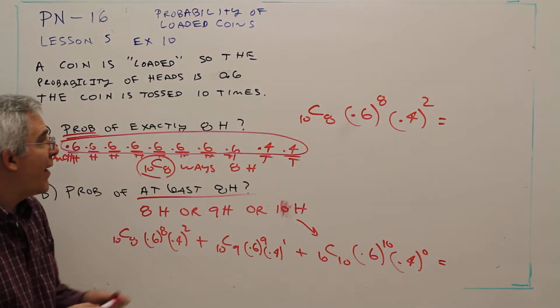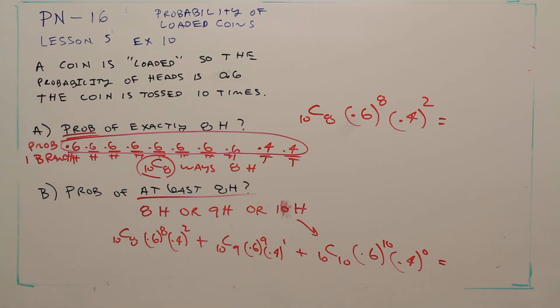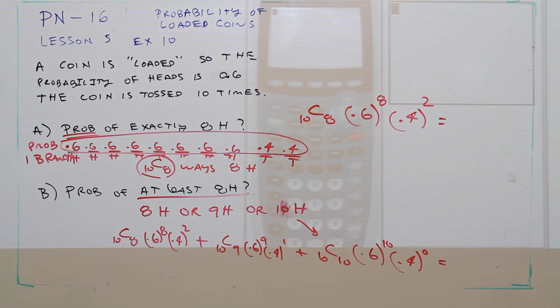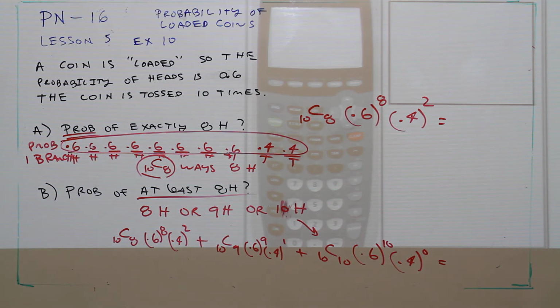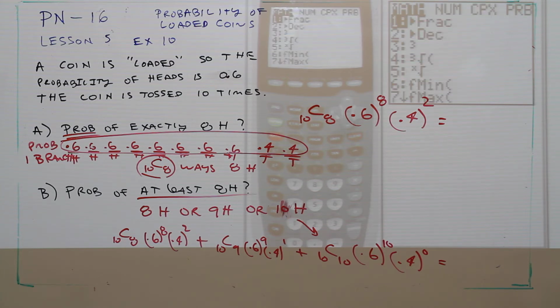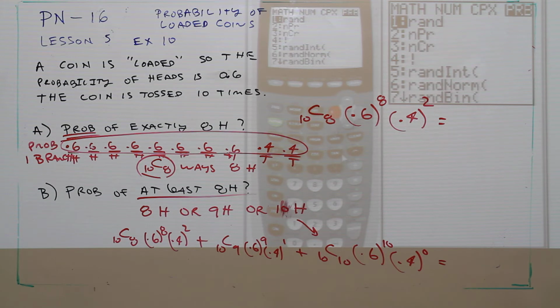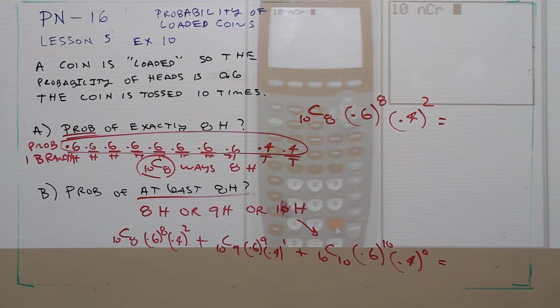So I'll just evaluate this and see how it goes. All right, so let me get the combinations first. I'll go 10, math, probability, nCr, 8. So there's 45.